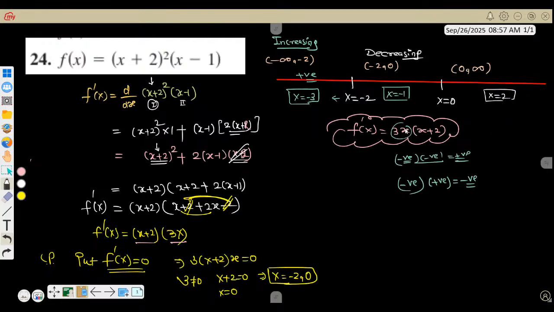If we put 2, this is positive and this is also positive, and positive times positive gives positive. So the function is increasing. So from minus infinity to minus 2 increasing, minus 2 to 0 decreasing, and from 0 to positive infinity the function is increasing. Are you getting my point? Yes. Everything is clear? Yeah, I understand. Okay, very good.